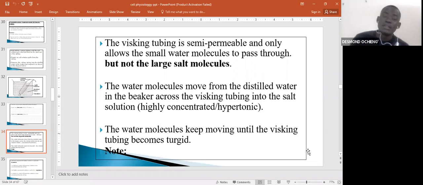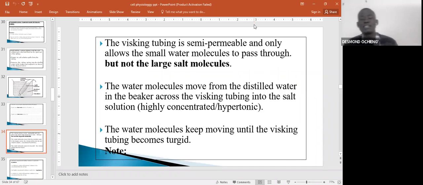But instead, it is the water molecules which will pass through the visking tubing from the beaker. So the water molecules move from the distilled water in the beaker, where their concentration is high, across the visking tubing into the salt solution. And the salt solution in this case is highly concentrated, and it is said to be hypertonic. So the water molecules keep moving until the visking tubing becomes turgid.